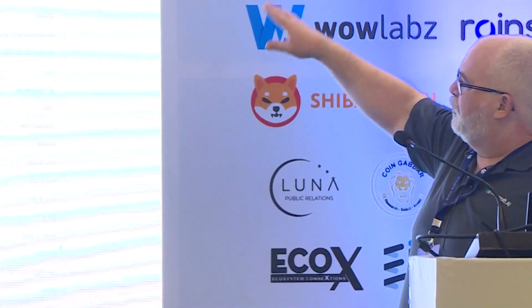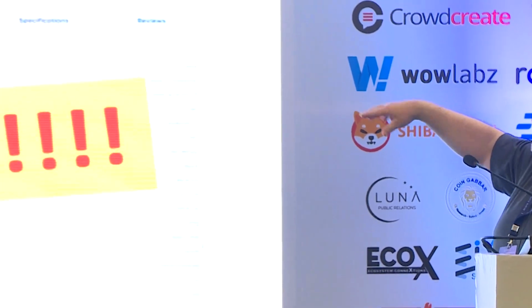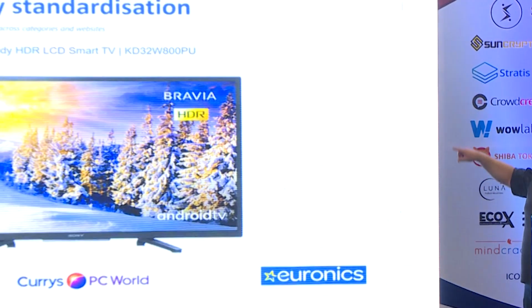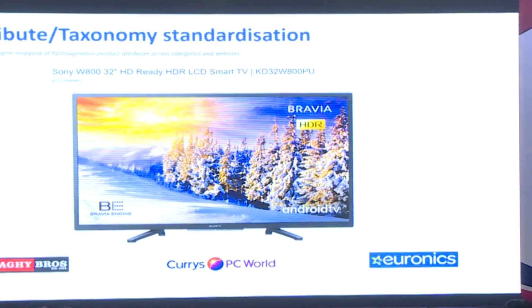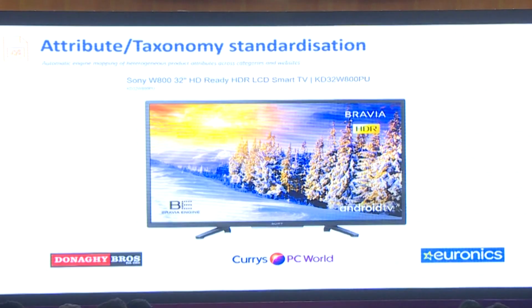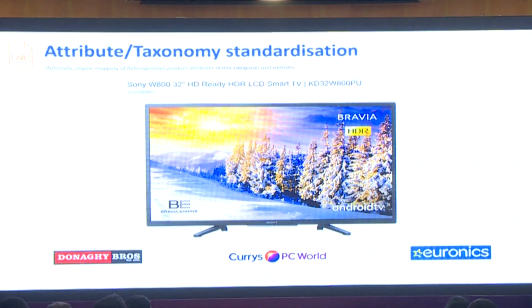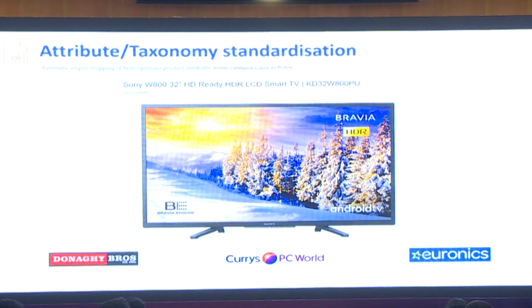So here is an example of, I know, I'm sorry, it's too small, but here's an example of 3 product listings from 3 different websites, and it's about this thing here, right? And it basically says, you know, the size, the dimension, the resolution, the power, whether it's got Android TV, all this stuff, okay?